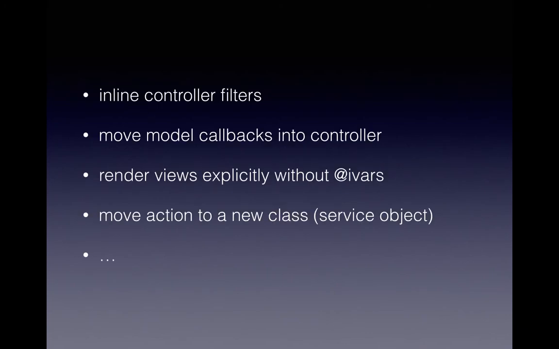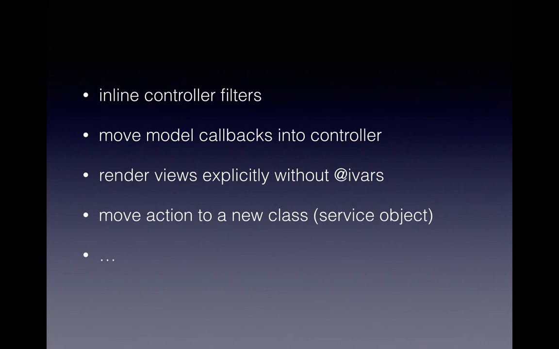Those techniques include inlining controller filters, because once your controller action depends on the filter, then it's coupled to the controller class, and you can't easily move it out of there. Then you probably want to move model callbacks into the controller, making the controllers even bigger for a little while, because models are not really the best place for sending emails or accessing the Twitter API or doing some other external part.